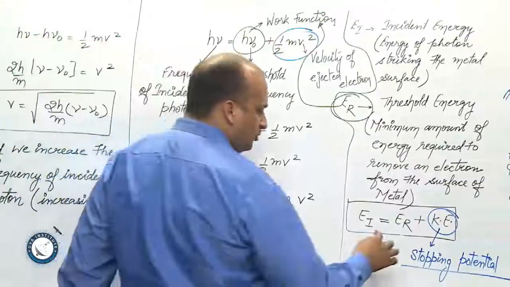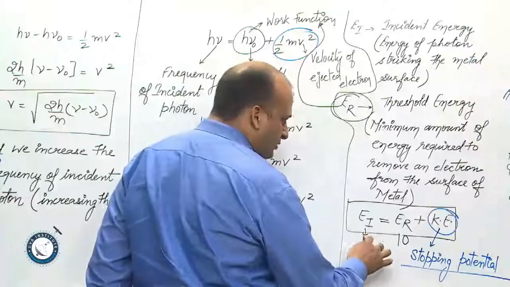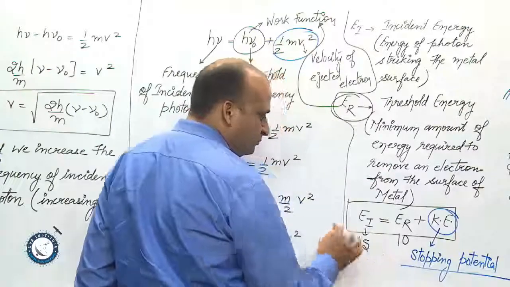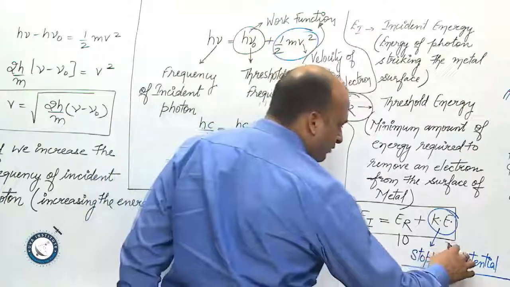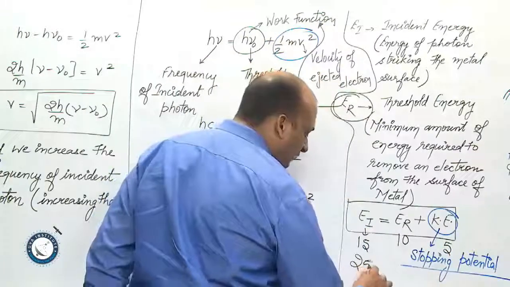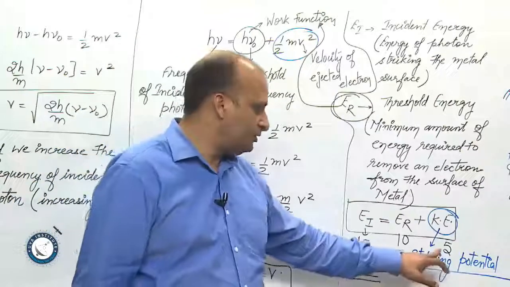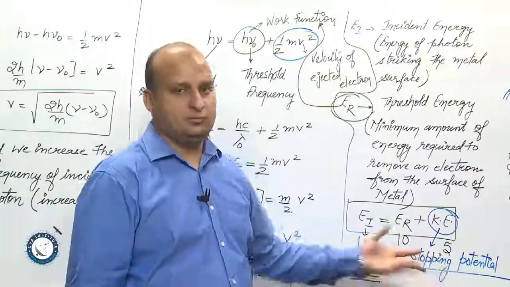See, suppose if this is 10 and this is 15, so kinetic energy will be 5. But if you make it 25, what will happen? This will become 15. Okay.